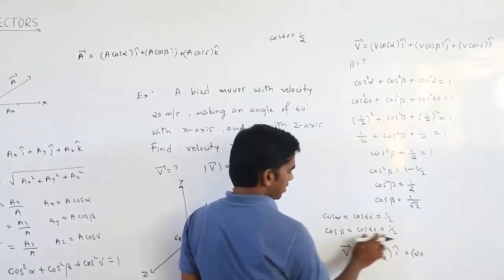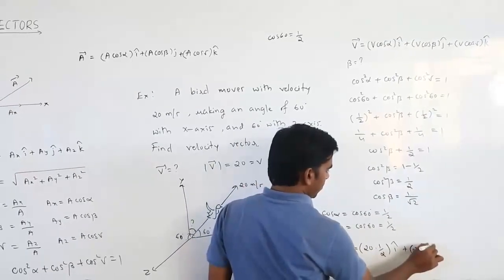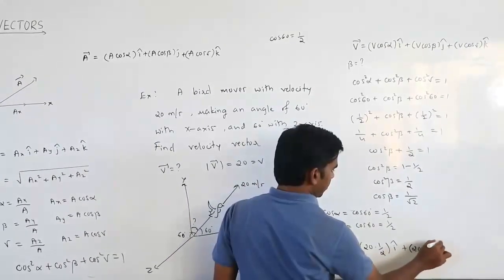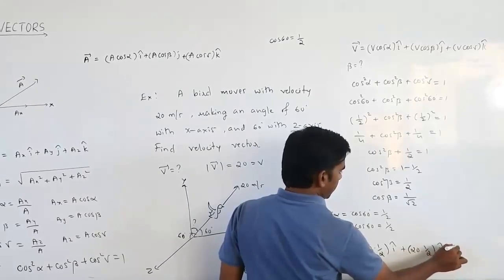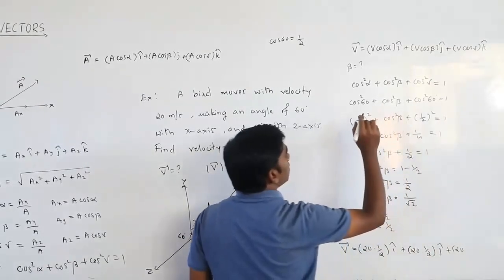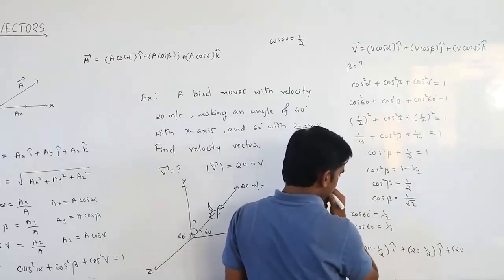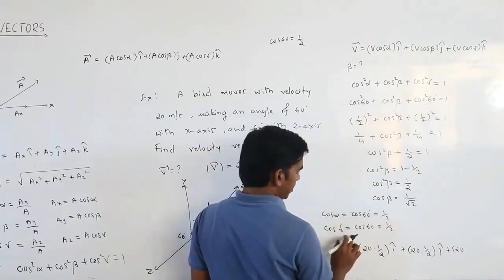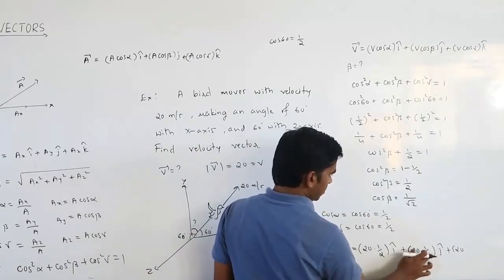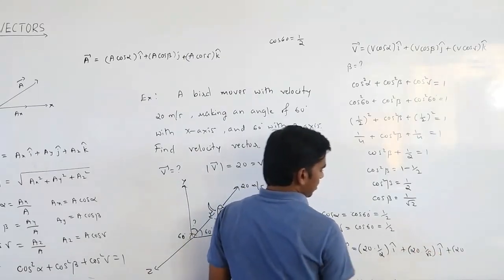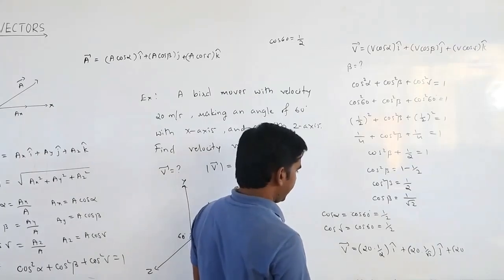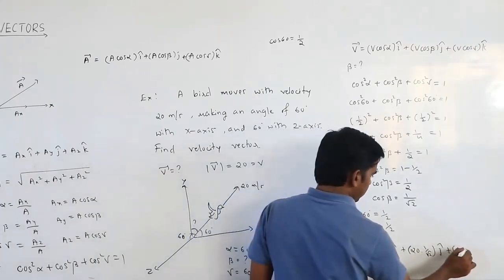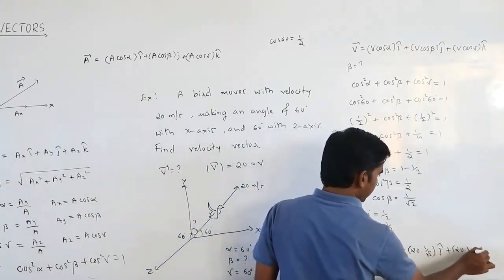What is cos beta? It's 1 by root 2 j cap plus 20 cos gamma. Okay, so cos gamma, this is not beta, this is gamma. Okay, this is beta, this is not 1 by 2, this is 1 by root 2. Okay, so this is 20 by 2 k cap.